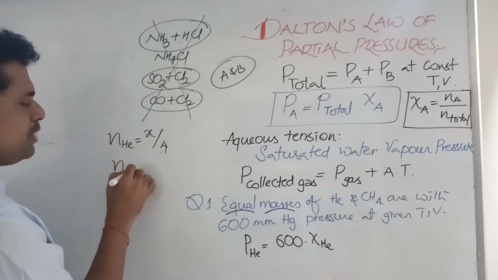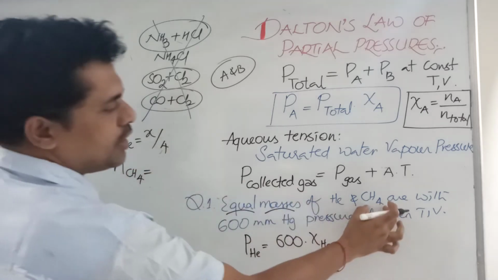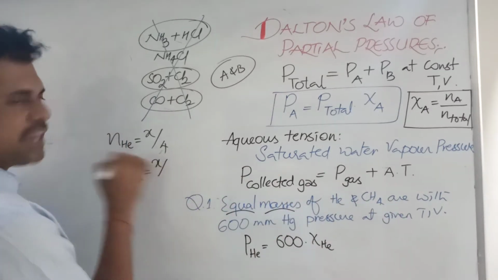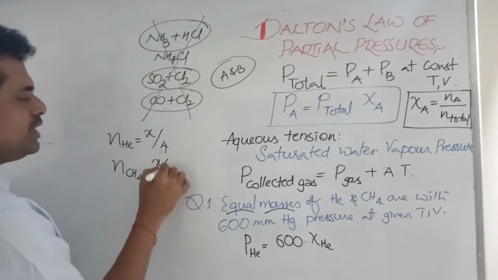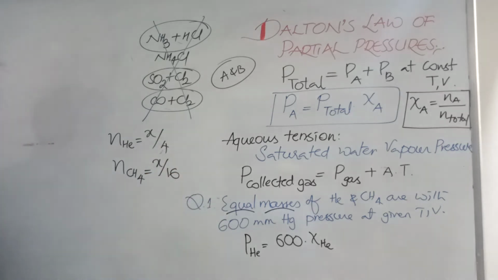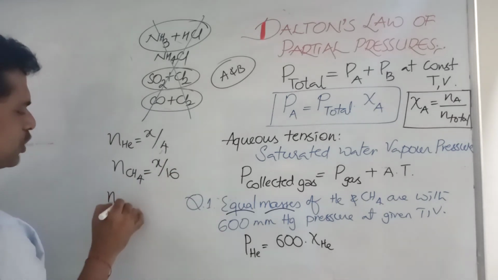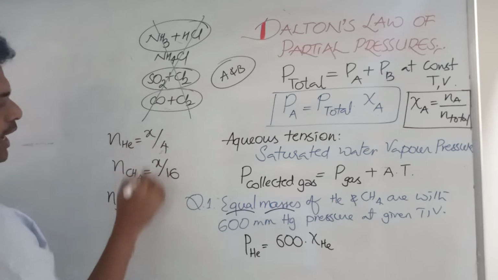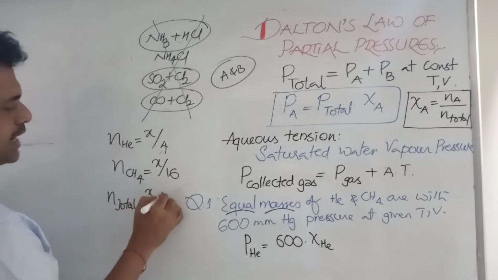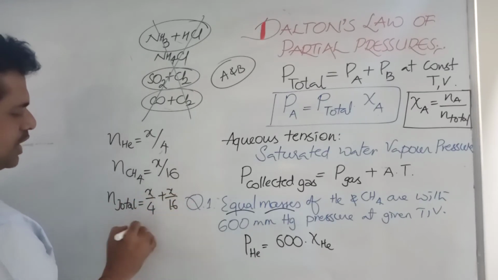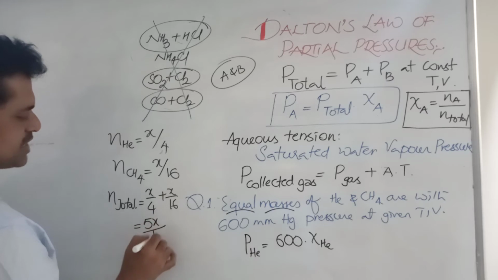Number of moles of methane: equal masses they mentioned, so I am taking X only, and methane's molecular mass is 16. So the total number of moles is X by 4 plus X by 16, which equals 5X by 16, if I am not wrong.